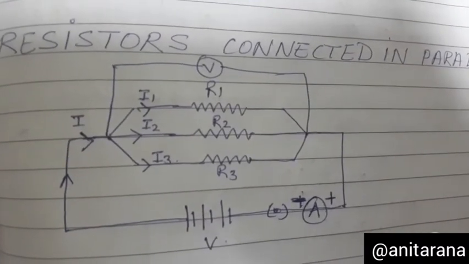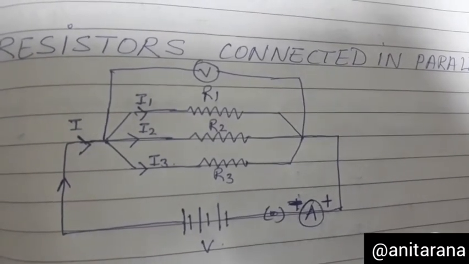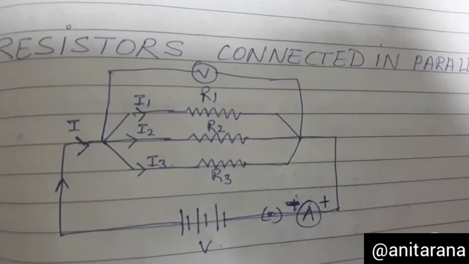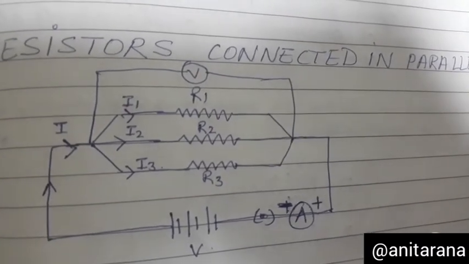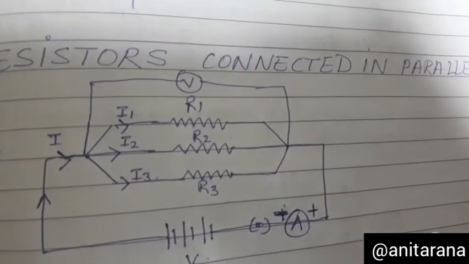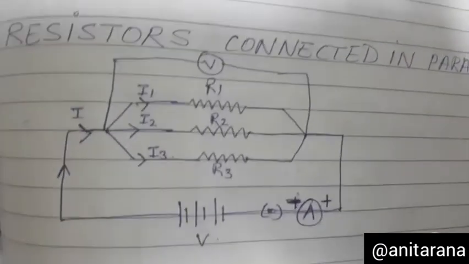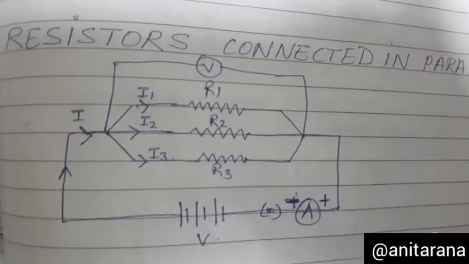The amount of current flowing through them is different for different resistors. For R1 it is I1, for R2 it is I2, and for R3 it is I3, whereas the voltage supplied for this connection is always constant.